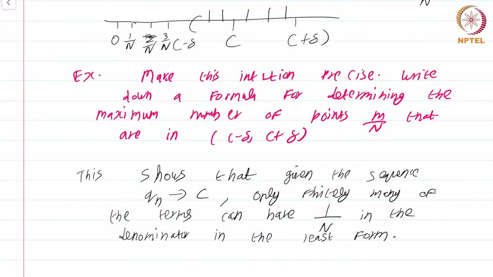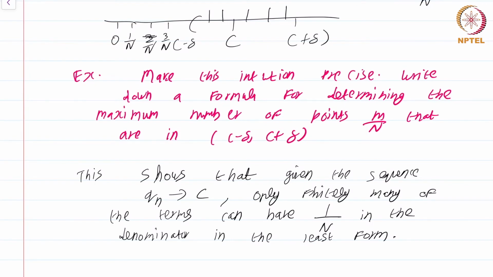Well, why is this the case? Again, you can expand it and give a mathematically precise reason, but the reason is as follows. Given any open interval (C minus delta, C plus delta), eventually the terms of the sequence will have to be in this interval. And we already know that there are only finitely many such points of the form M by N in this interval.